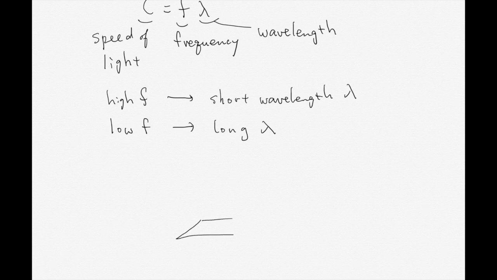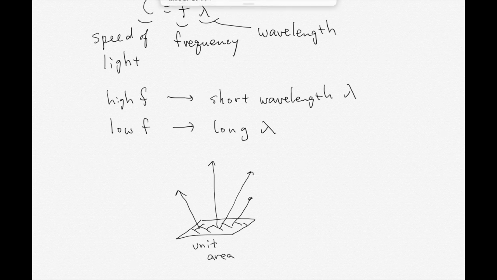So we consider the unit area of a star. Many types of light are emitted from the surface, sometimes high frequency or low frequency. Energy flow from the unit area of a star is calculated by summing up all the light with different frequencies.